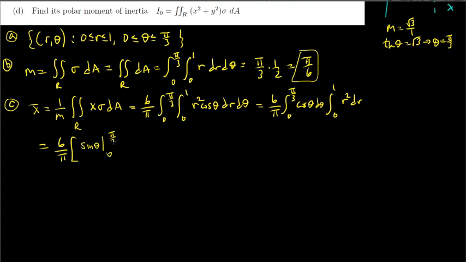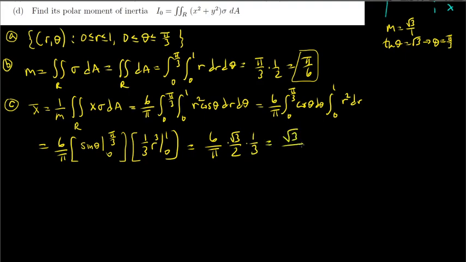And when we plug in 0 and pi over 3, I think we just get square root of 3 over 2. We're going to get 1/3 r cubed evaluated between 0 and 1, so that's a 1/3. So 6 over pi times square root of 3 over 2 times 1/3. So I think it's just square root of 3 over pi. Okay, so that's x bar.